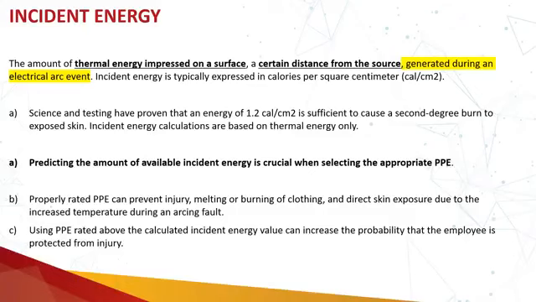Okay, so the amount of thermal energy which is impressed on a surface at a certain distance from a source. What is the source? The source is basically the electrical equipment, and within that equipment, the bus bars or the energized parts from where the energy will be generated or radiated.